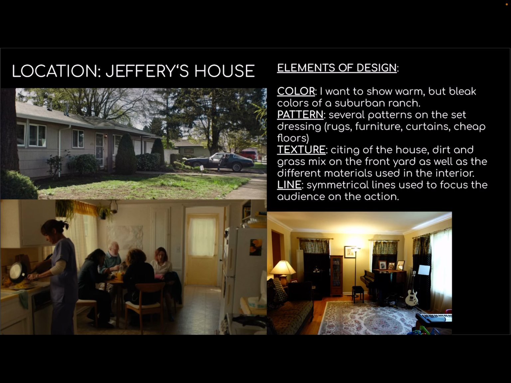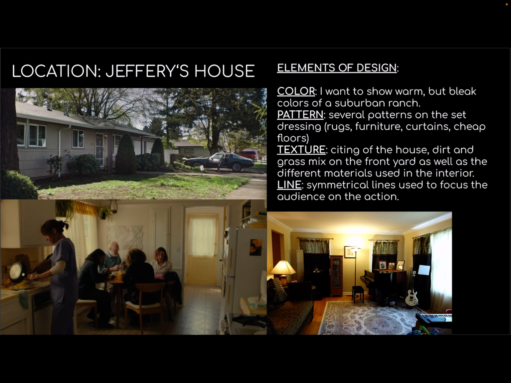Our second location is Jeffrey's house. We don't see much of this location. We really just get a glimpse of the living room and then a little bit into the kitchen, but I think that this location is important because it showcases our main character, where he comes from, what his home life is like, and I really want to show off the color, pattern, texture, and line in our design. With the color, I want to show warm but bleak colors.